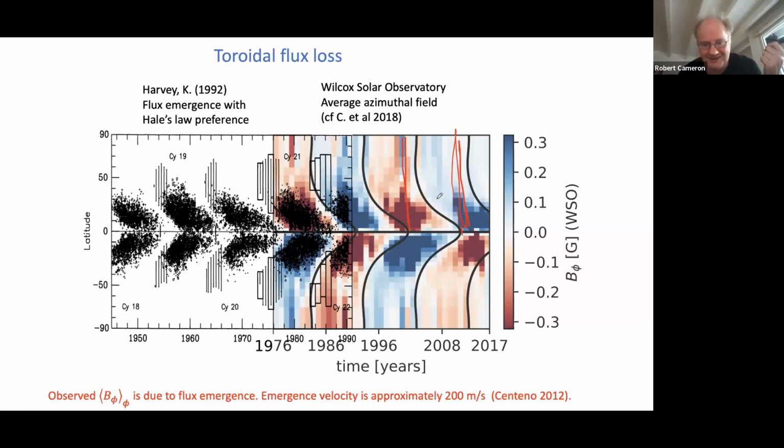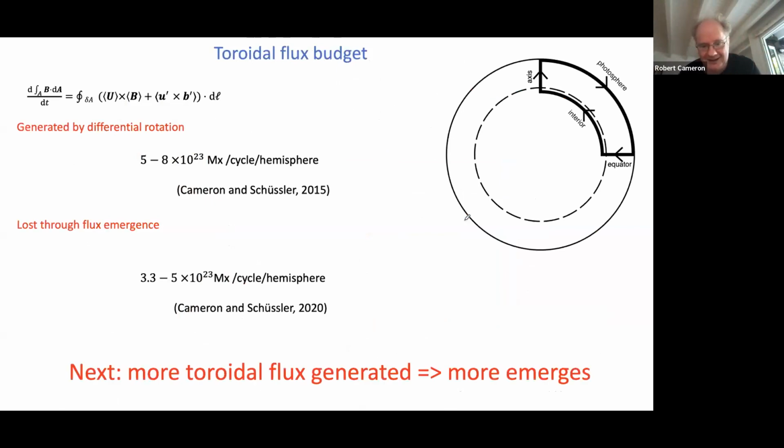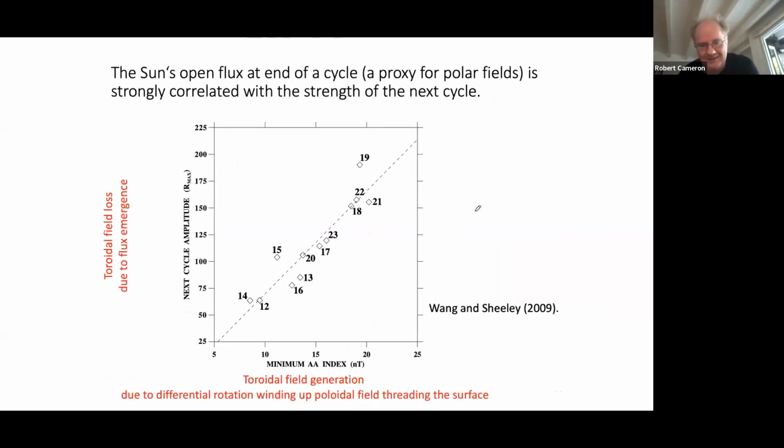Then you look at how much is produced, and it's equivalent to how much is lost, and if you produce more, you lose more. This makes me think that the net toroidal field is an important quantity. And as soon as you say the net toroidal field is an important quantity, then the surface fields become important.